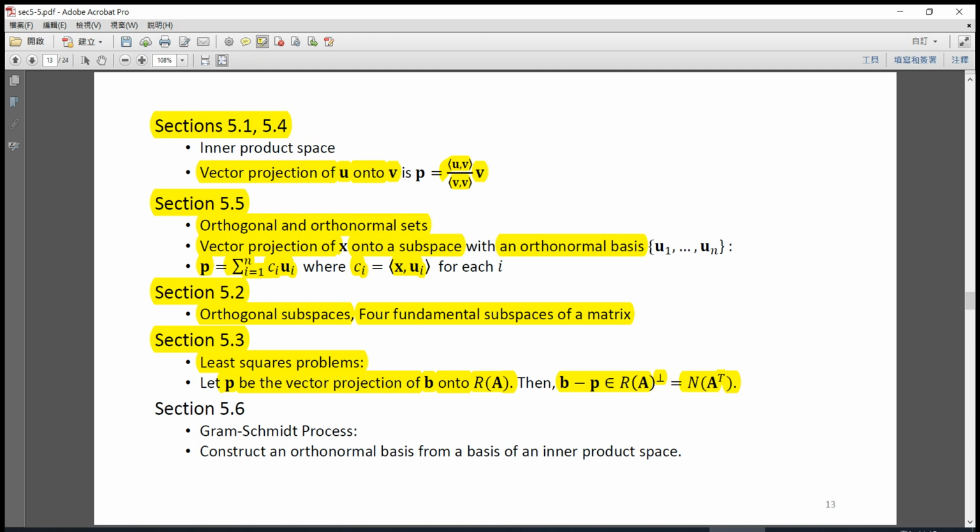And the solution of the normal equation is the solution of the least squares problem. In section 5.6, we will learn how to construct an orthonormal basis from an ordinary basis of an inner product space. This process is known as the Gram-Schmidt process.